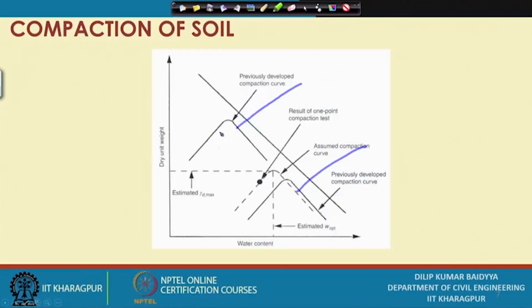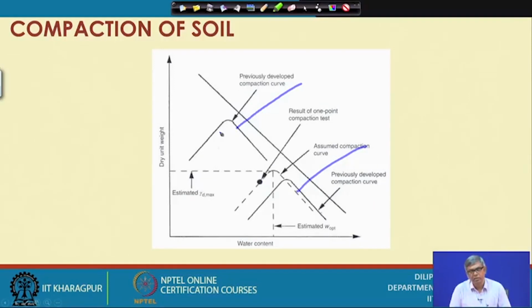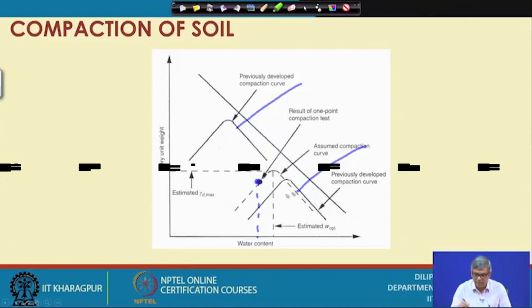From that, an imaginary compaction curve can be drawn, and from there we can find the optimum moisture content. Suppose the one point of dry density and moisture content, if you plot it, comes here, and the trend of the curve is like this.